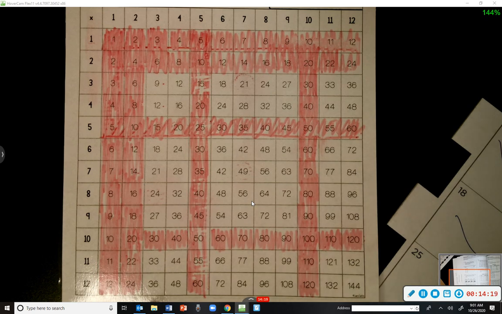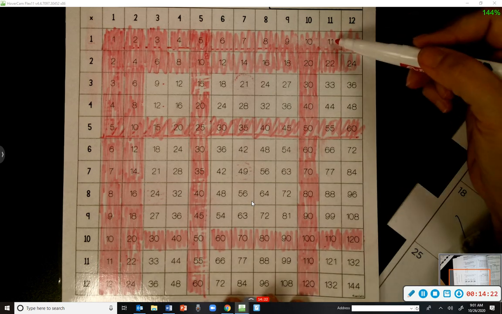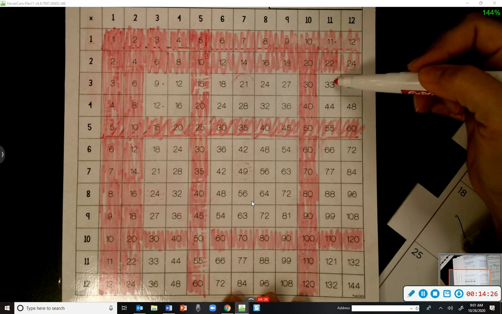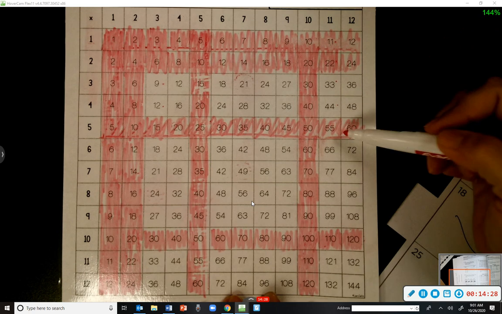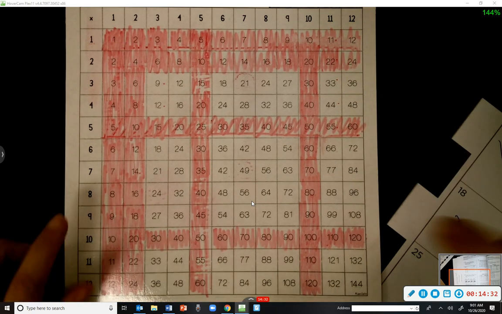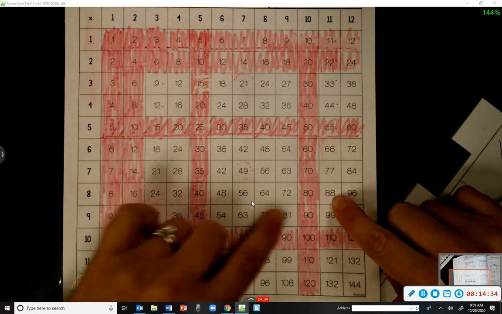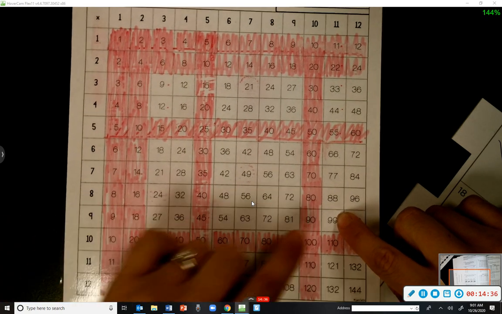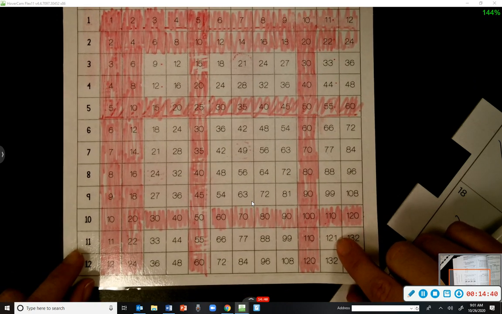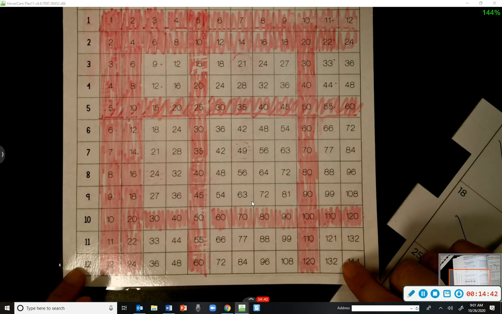The 11s? The 11s. Let's look at the pattern going down. I see 11, 22, 33, 44, 55, 66, 77. For the 8s, it's 88. 9s, it's 99. 10s, 110. 11, 121. 12, 132.